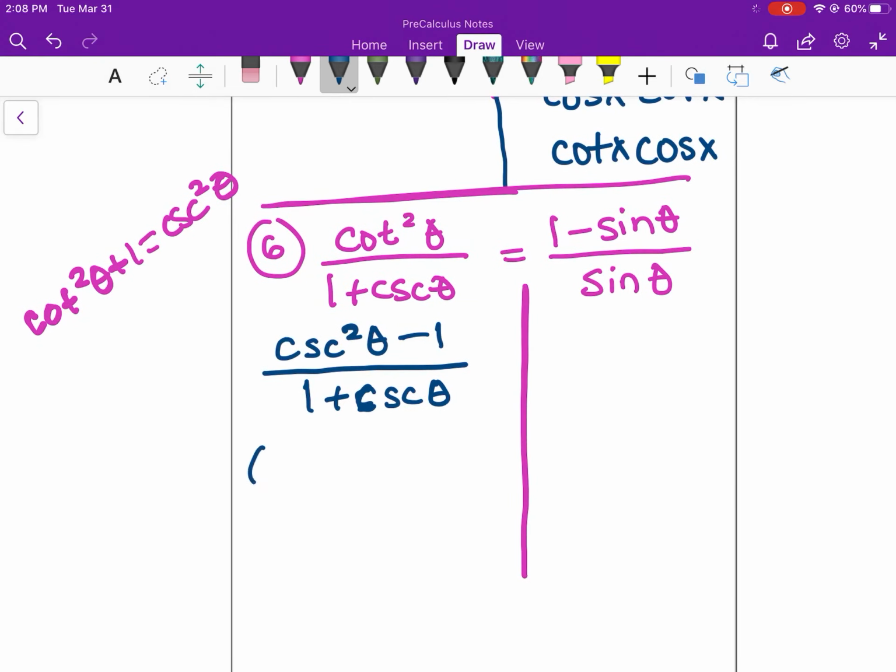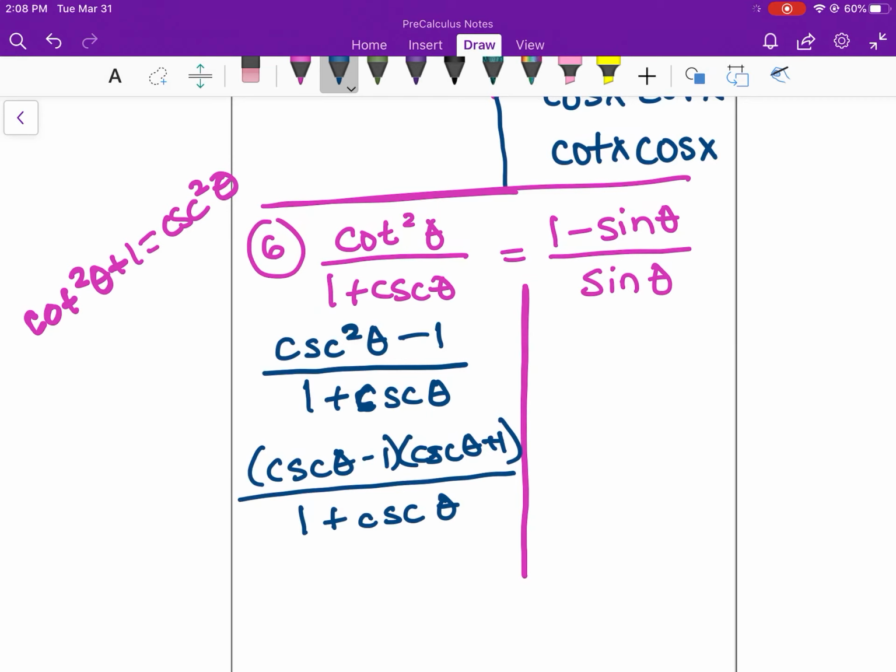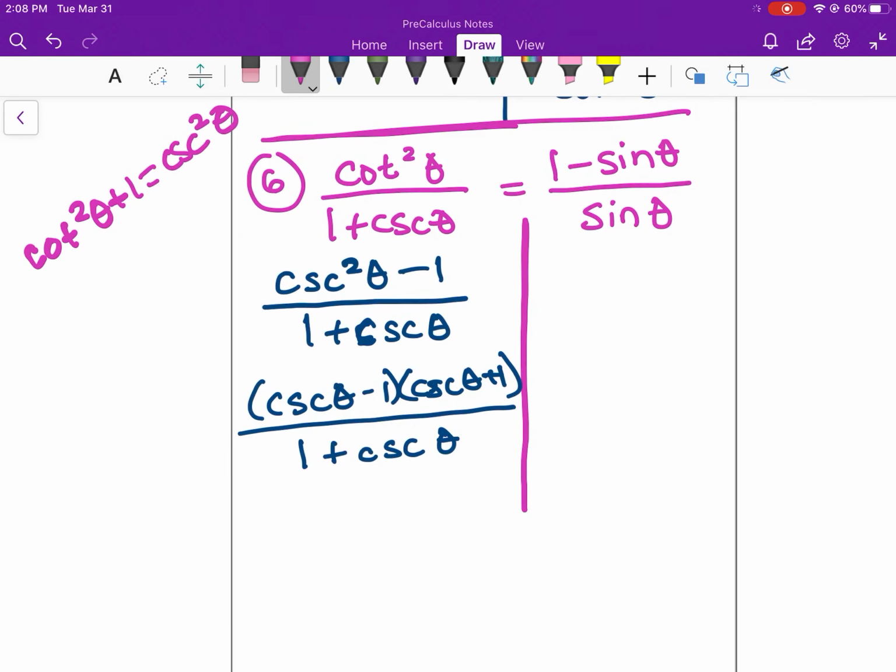I'm going to factor that. So that's difference of two squares. Okay, let's see what that does. So now I can cancel those out. So I have cosecant theta minus 1.